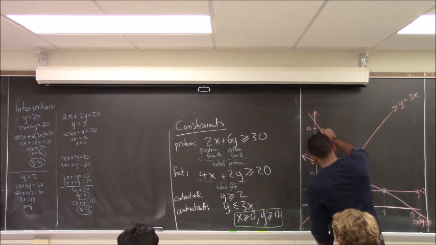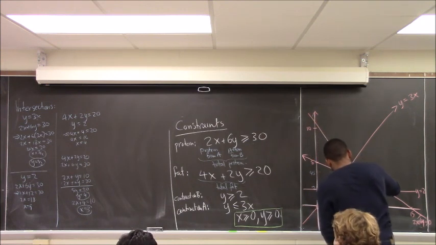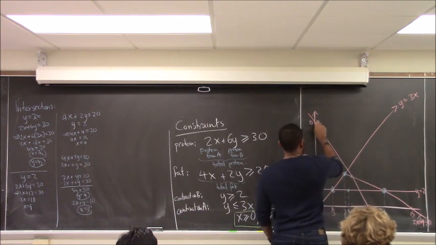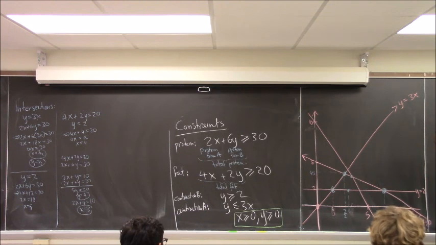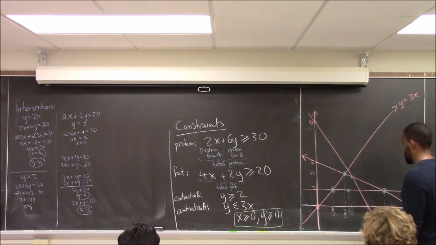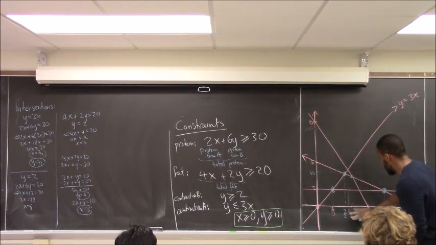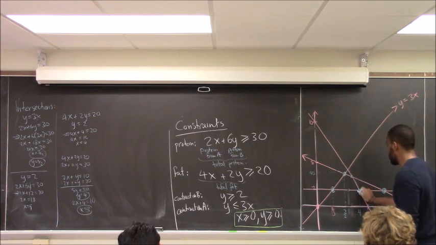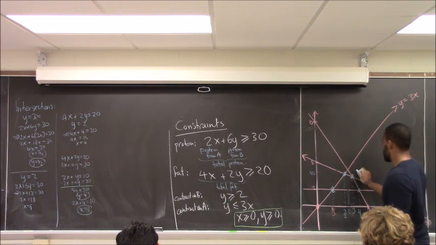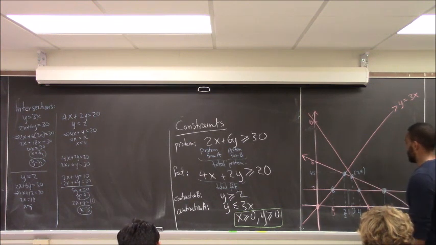It's going to be 5 here, not drawn to scale obviously, 10 here. So this is going to occur at 4, so it's going to hit here. This is going to occur at 3, so this is 3, 4.